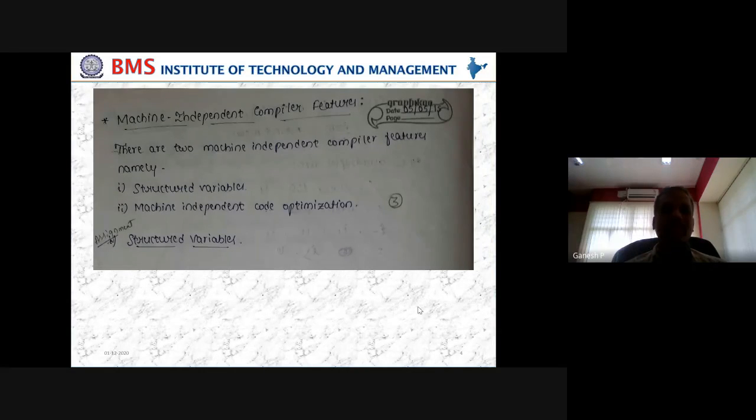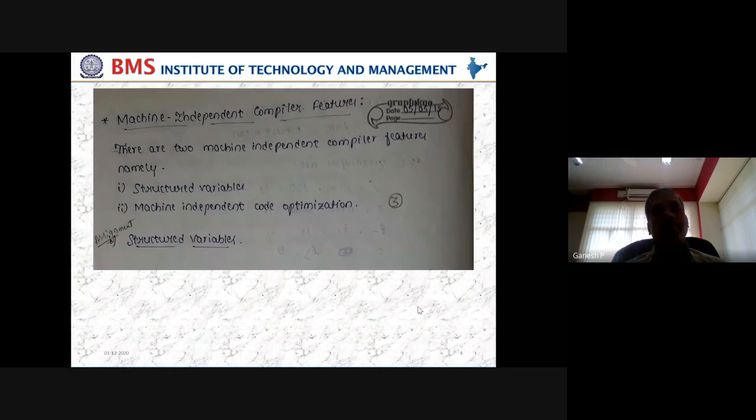That is the idea here. If you take an array, it can be either a row oriented array or a column oriented array, which you might have seen in data structures in the second semester: row major address, column major, and so on. That is precisely what structured variables involve.